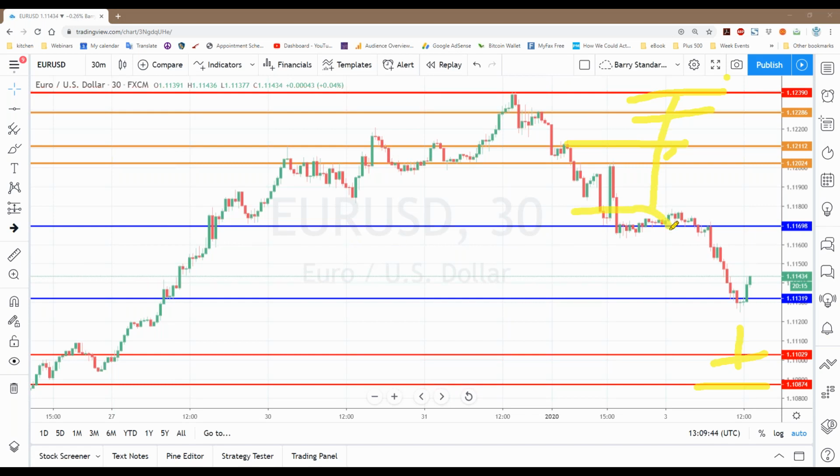But look how important this blue level was to today, yesterday, a couple hours ago. Look how important this level was here. Look what happened when price came to this level here. Even though it went through it, it sat on that level for 5 candles. When price was then moving up, look at how important this price level has been.